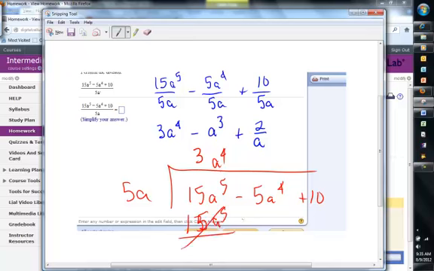And then you have minus 1. That'll take care of the 5's. And then a to the 3rd, we'll make that a to the 4th, and that'll go away. And then plus 10 over 5a, which you can simplify. 10 divided by 5 is 2. You get the same answer either way.